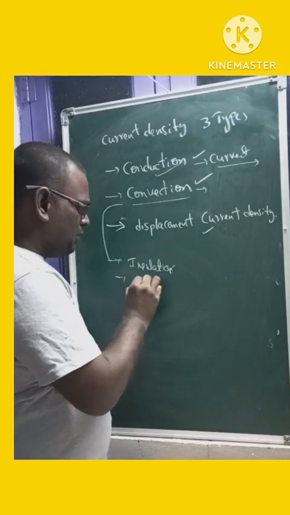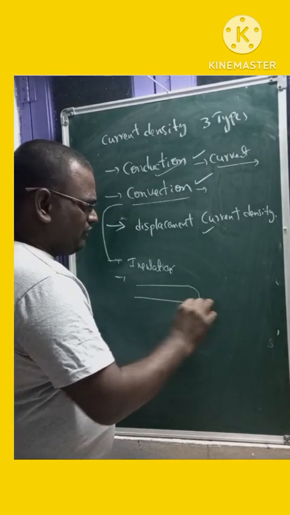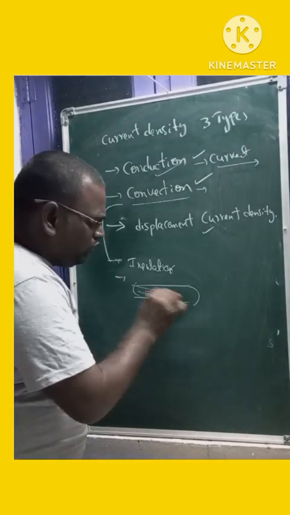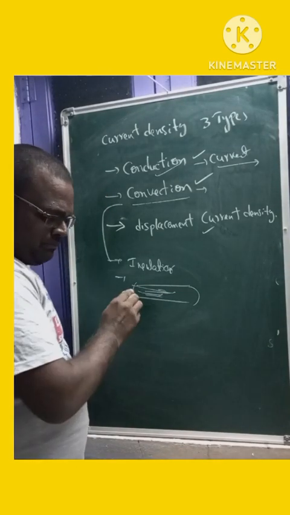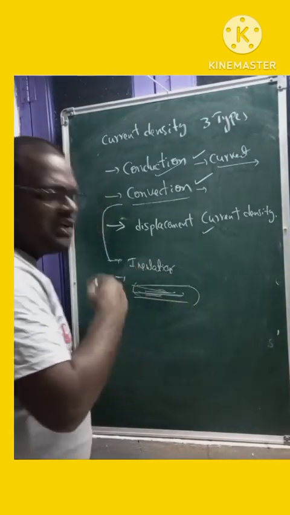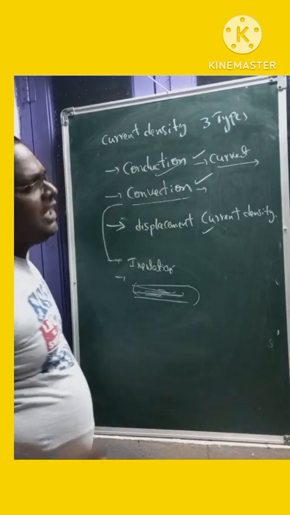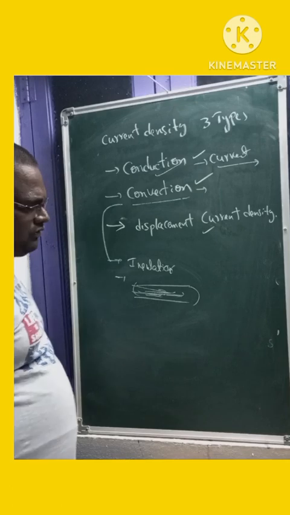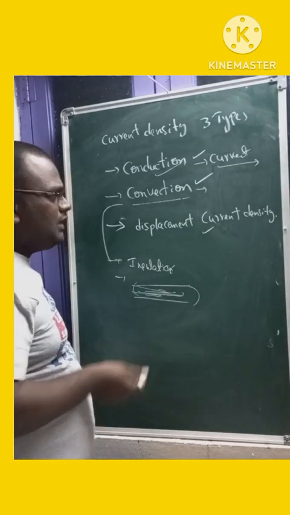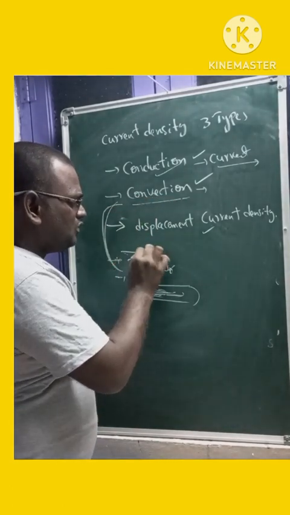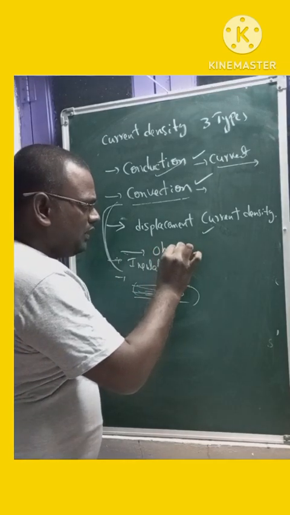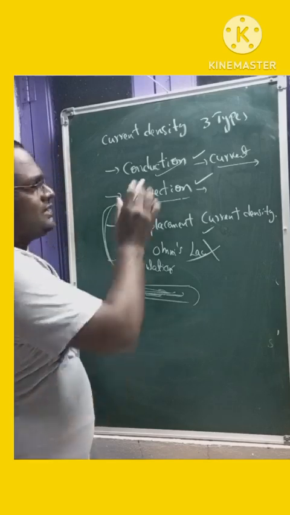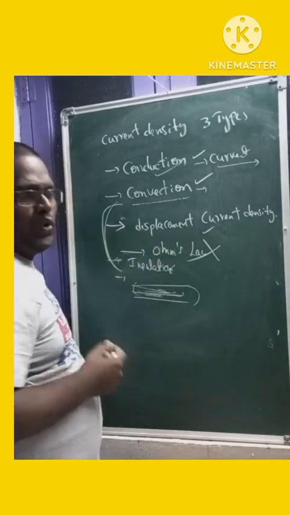If we take the example of a vacuum tube, a beam of electrons is flowing through it, that is convection. The current flows through an insulating medium, so this convection doesn't obey Ohm's law.